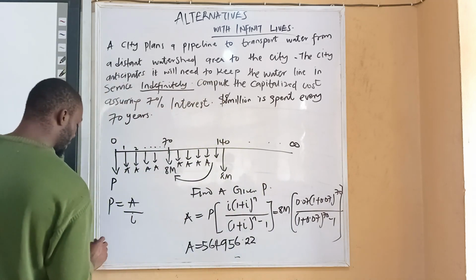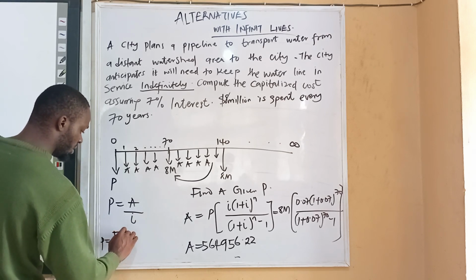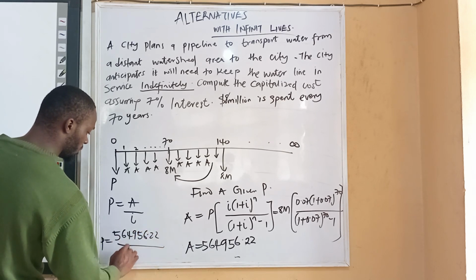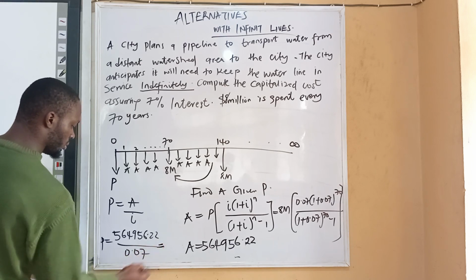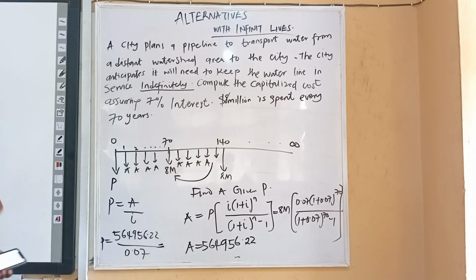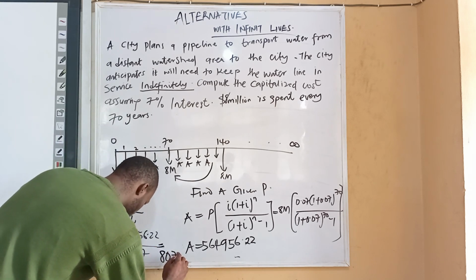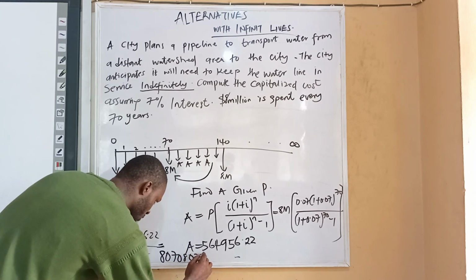So our capitalized cost P will be equal to 564,956 divided by 0.07, which gives about 8,070,803.107.